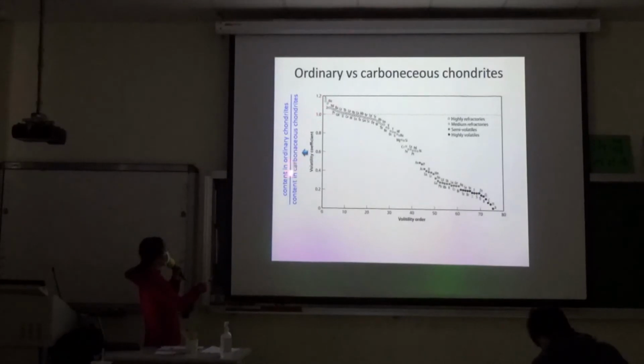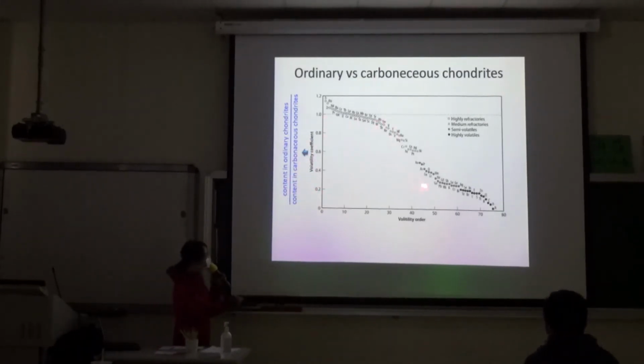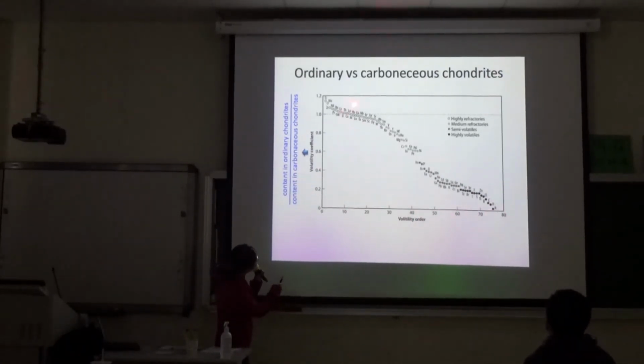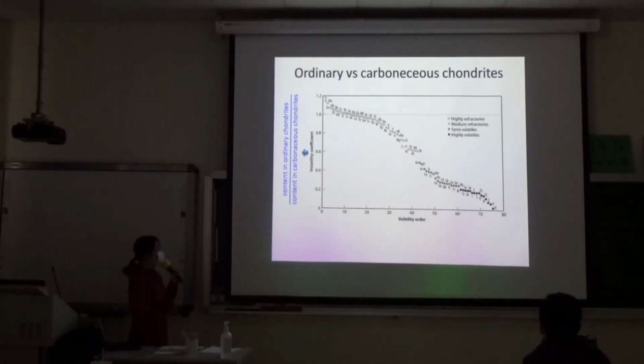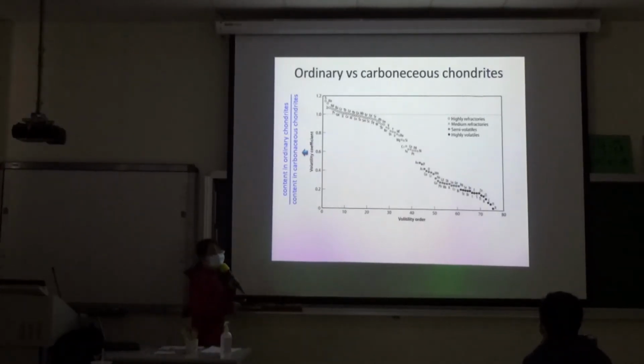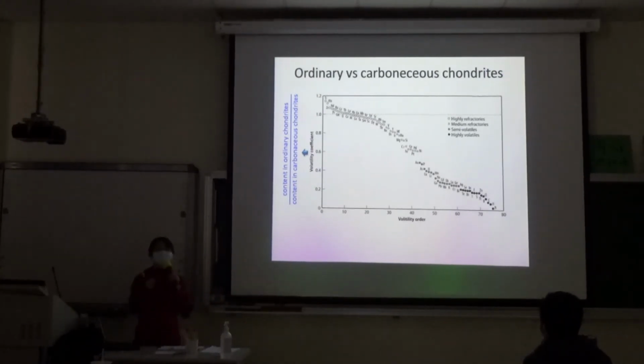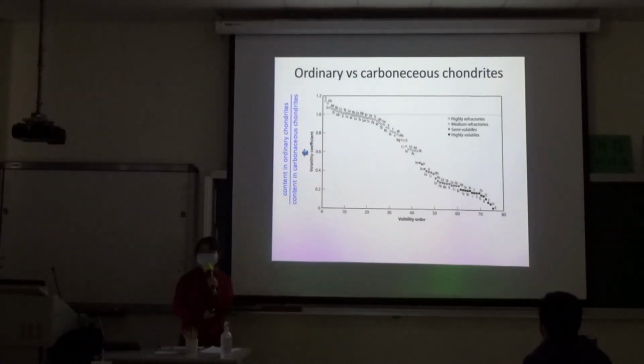If it's more than 1, that element is enriched in ordinary chondrites. Lower than 1 means it's depleted, enriched in carbonaceous chondrites. So you see, carbonaceous chondrites enrich a lot of elements compared to ordinary chondrites. Why is this the case? This is because the volatile components accreted at low temperature, in materials like carbonaceous chondrites.